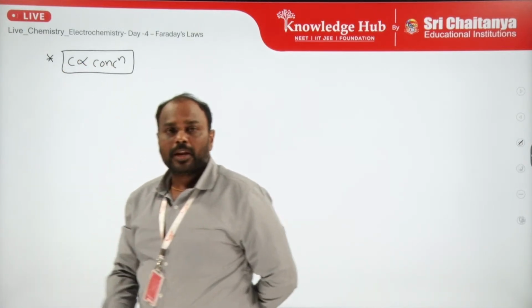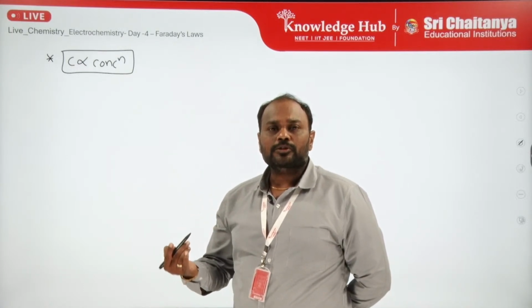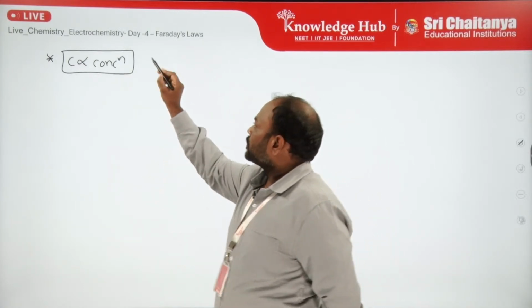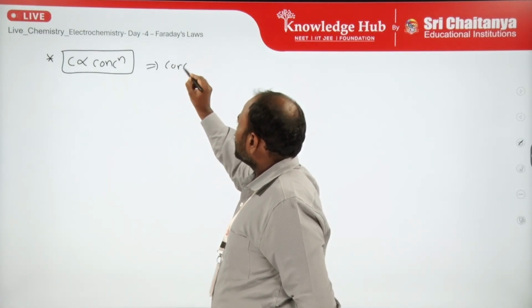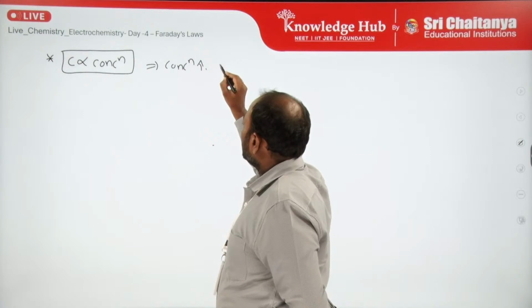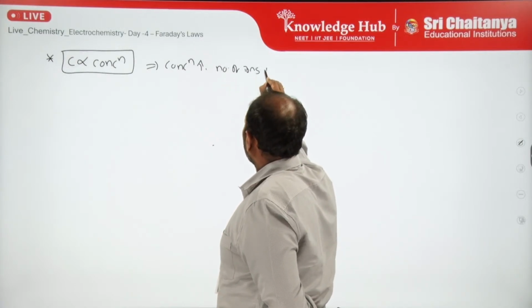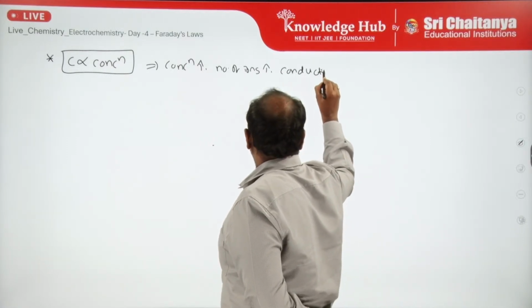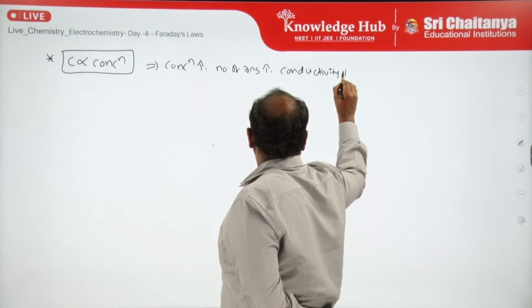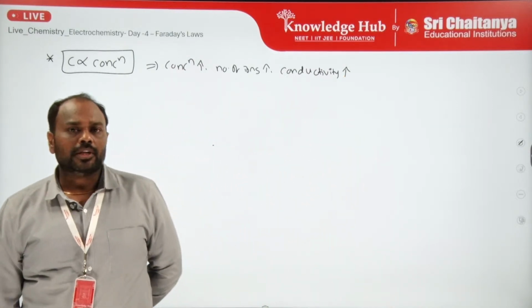Concentration increases, number of ions increases, number of ions increases, conductivity also increases. So, this is the conductance and concentration relation.